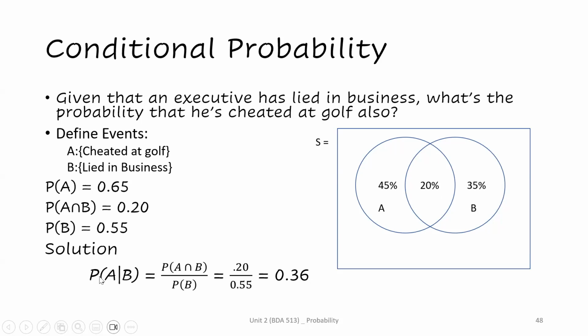So the conditional probability is we are finding A given that we know B. Since B is 0.55, that is our denominator, and our intersection, the 20%, is the numerator. That gives us 36%. So we had to come out with the 55%.